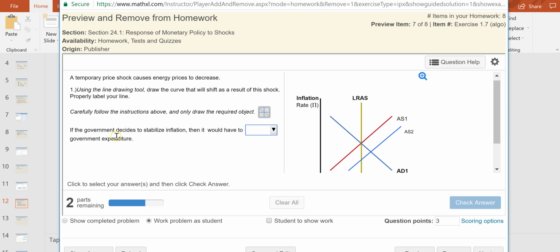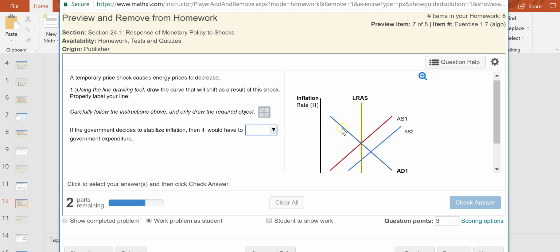And then let's continue. If the government decides to stabilize inflation, because inflation has decreased, right? If the government wants to stabilize inflation, that means they want to increase the inflation. But remember, the government can only shift the AD curve, by either tightening or loosening the monetary policy.